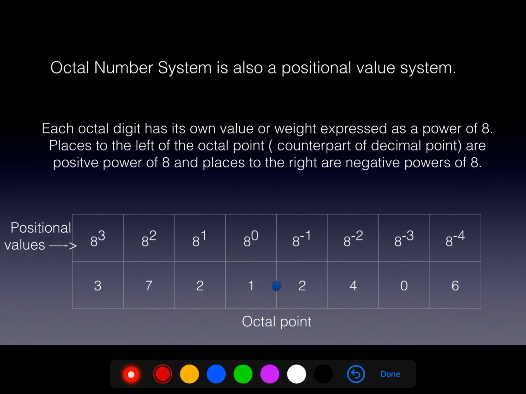As we know, all these number systems are positional value systems, because the position of a particular digit matters a lot. Each digit has its own value or weight, which is expressed as a power of 8 for octal. The places to the left of the octal point, as we call it here, like the decimal point in a decimal number, are always positive powers of 8.